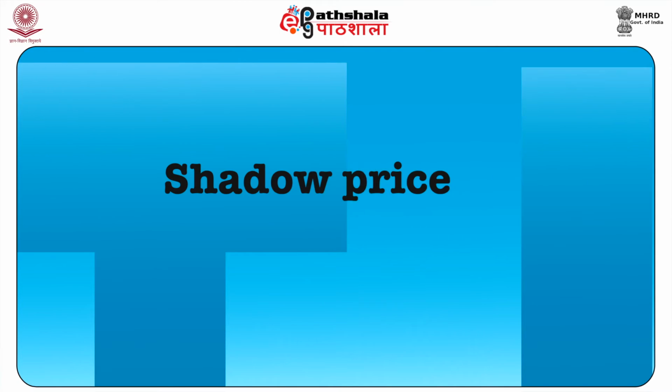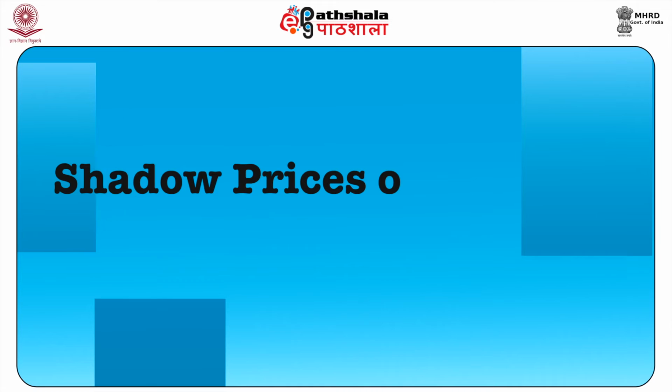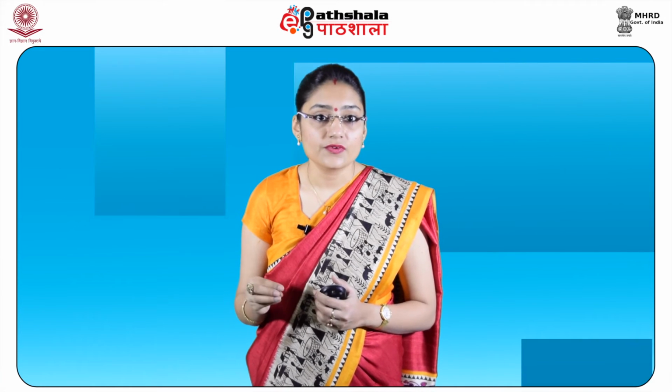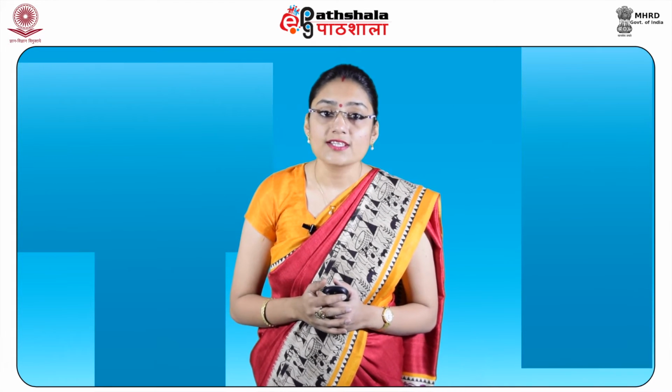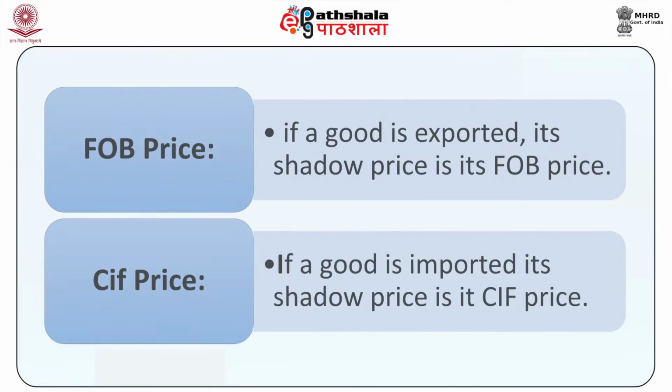Next is shadow prices of traded goods. Under LM approach, cost and benefits are measured in terms of international prices, also referred as the border prices. The provisions related with the traded goods. First, FOB price. If a good is exported, its shadow price is its FOB price. Second is CIF price.